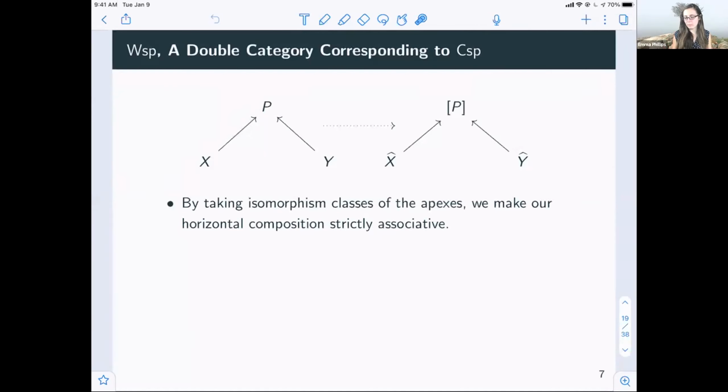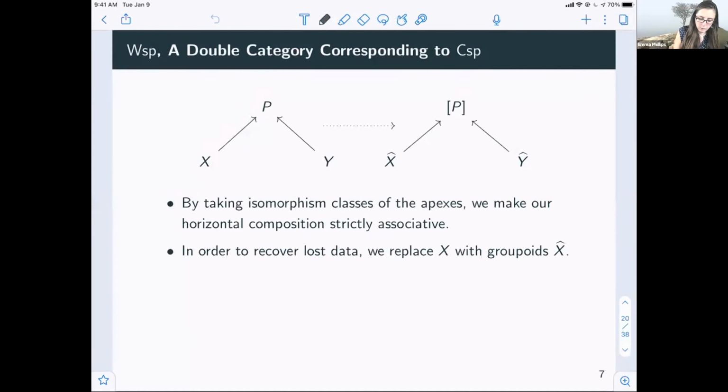So we try to make up for that data by replacing the feet of our cospans with homotopically discrete groupoids X hat. So these groupoids are going to be roughly defined by creating these stars where the center of the star will be some point x from our original set.